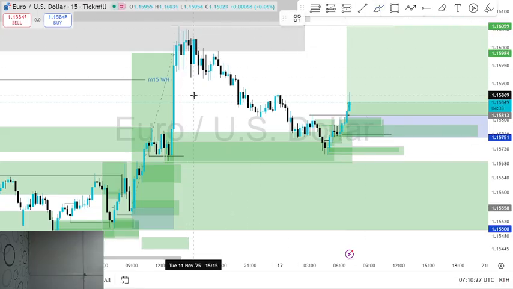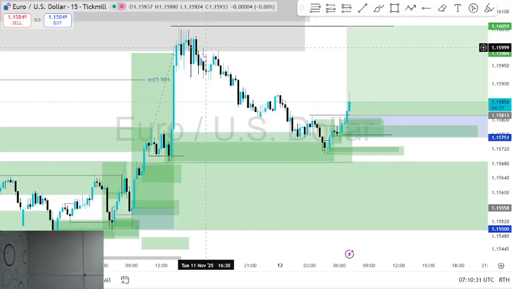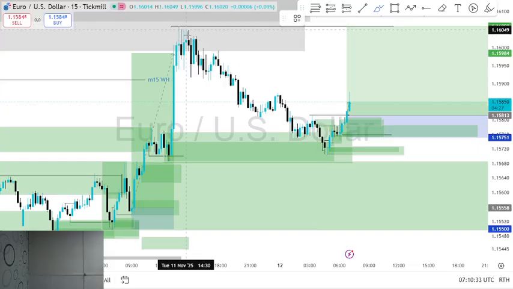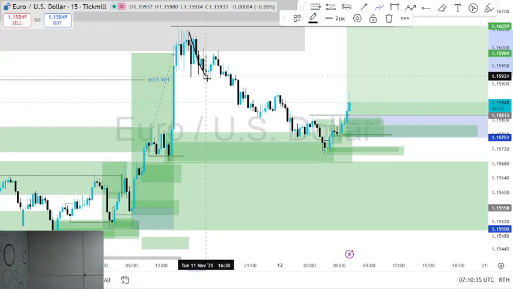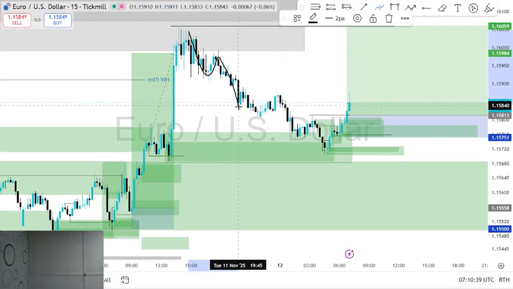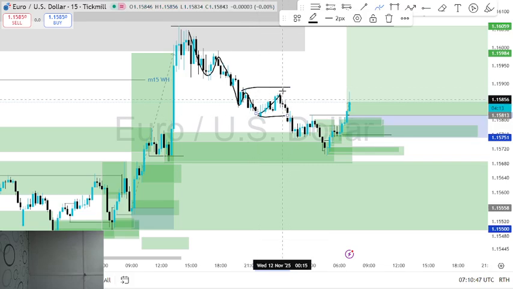When we look at what is happening here, this is the fake break that we are seeing. You can see we had this push to the downside, push to the upside, strong push to the downside, quiet push to the upside, push to the downside, push to the upside. It was still within this range, right?